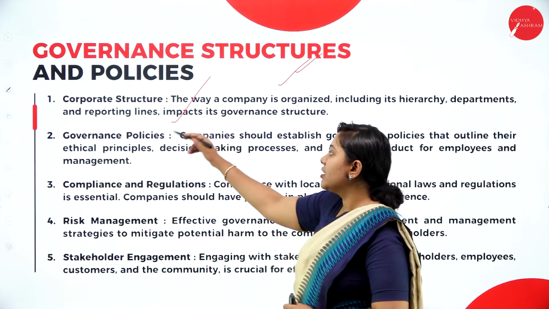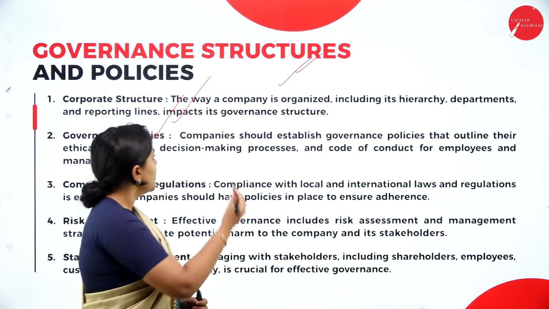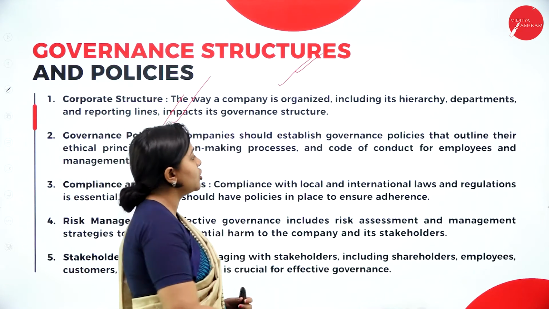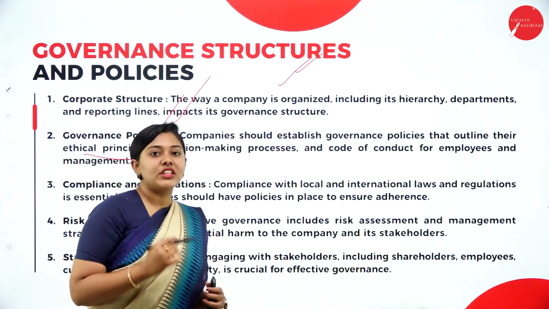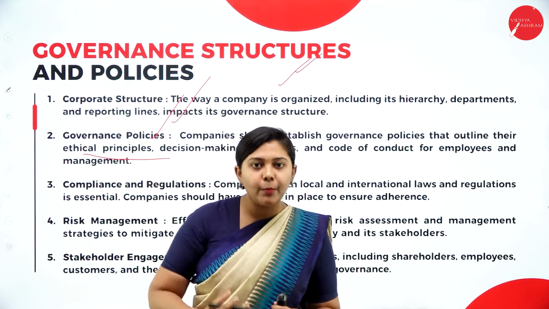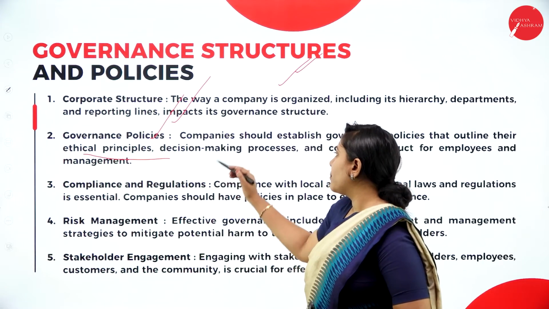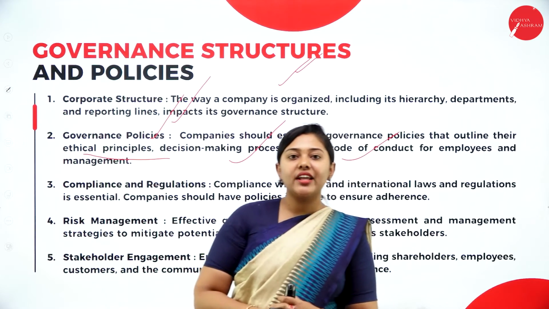The second thing is governance policies. What do they have to do? Companies should establish governance policies, the rules and regulations that outline their ethical principles. When the firm is developing rules and regulations, they have to develop them in such a way that they follow ethical principles, decision-making processes and a code of conduct for employees and management.